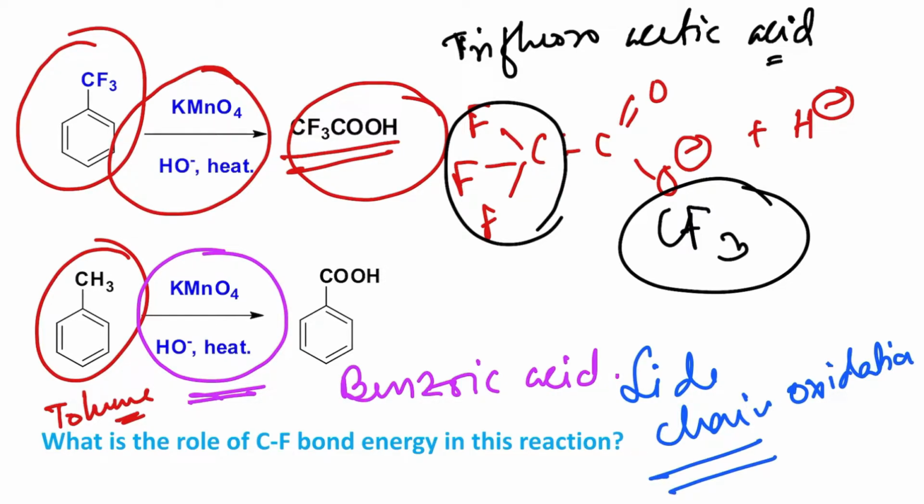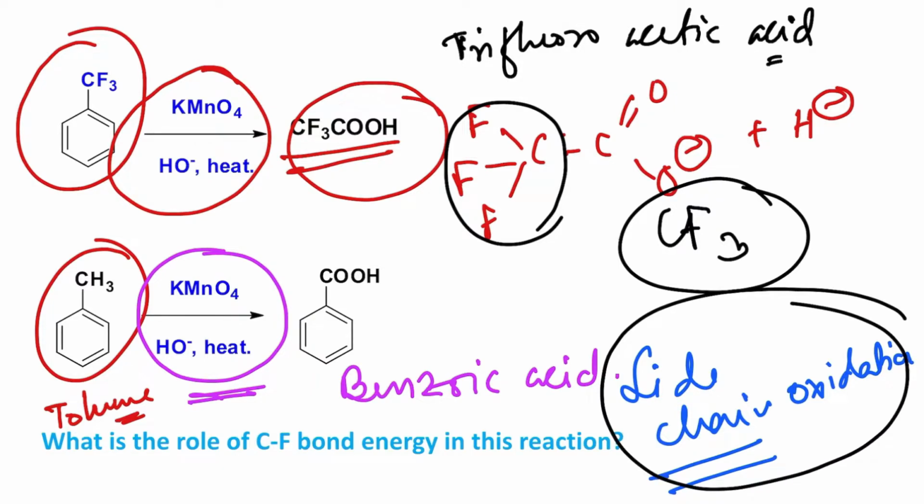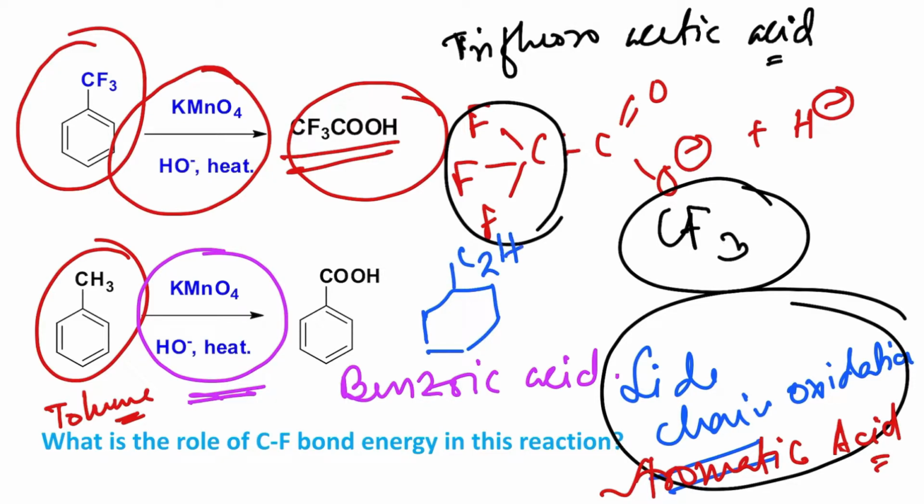This side chain oxidation concept is useful for the preparation of aromatic acids. Why? Because in the side chain, anything, for example, if instead of toluene you have taken ethyl benzene and do the same thing, you will ultimately end up with benzoic acid, because this is a side chain oxidation. The side chain will oxidize.